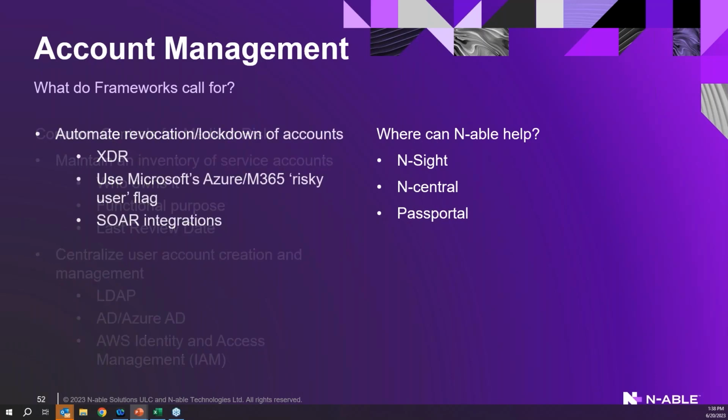And then in high risk, and again, none of those frameworks were calling out anything specific, but the intention is that it becomes more automated with the revocation or lockdown of accounts. So whenever you're setting up all of those other additional security controls, you are automating it.